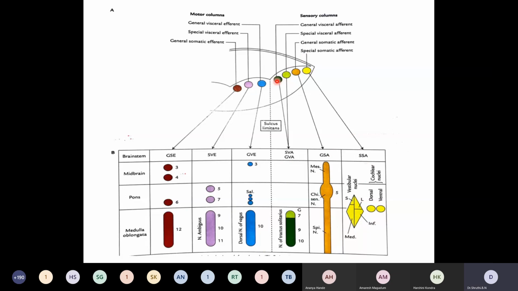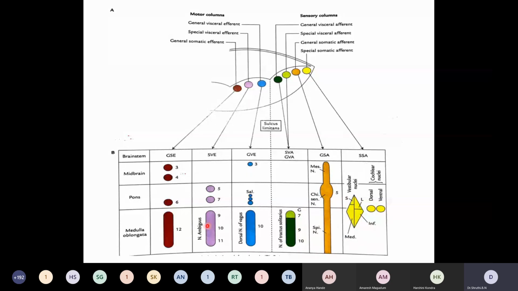Nearer to the midline, you have general visceral afferent and special visceral afferent. They carry visceral sensation and taste sensation. Visceral sensation is through the dorsal nucleus of the vagus nerve, the 10th cranial nerve, and taste sensation is through the nucleus of tractus solitarius.